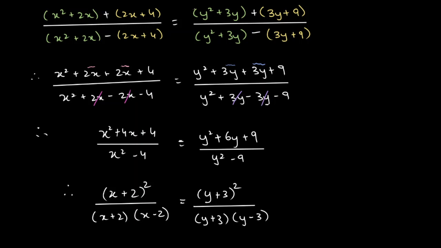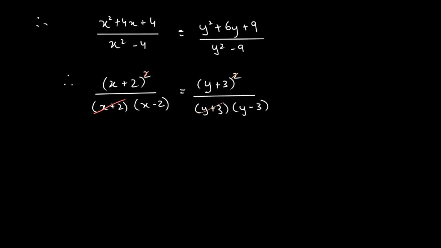Now next we can see there is an x plus 2 term in the denominator, and it will get cancelled with one of the square terms, so I'll be left with only one x plus 2. And on the other side of the equation, y plus 3 can get cancelled with one of the square terms. Right, so finally now I have on my left hand side x plus 2 divided by x minus 2. Here I have y plus 3 divided by y minus 3.